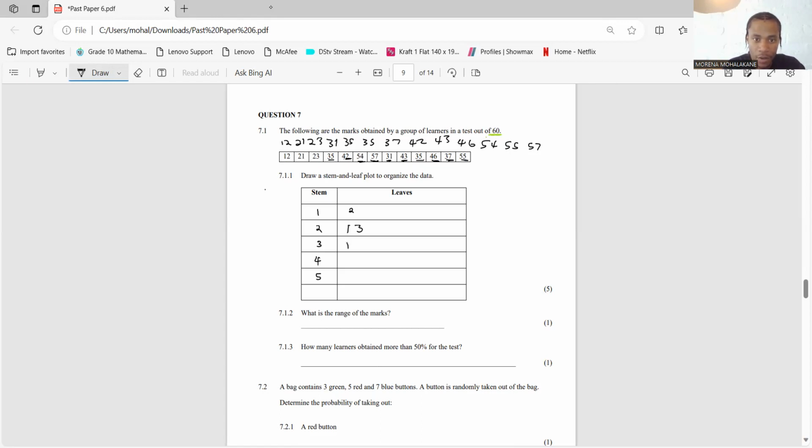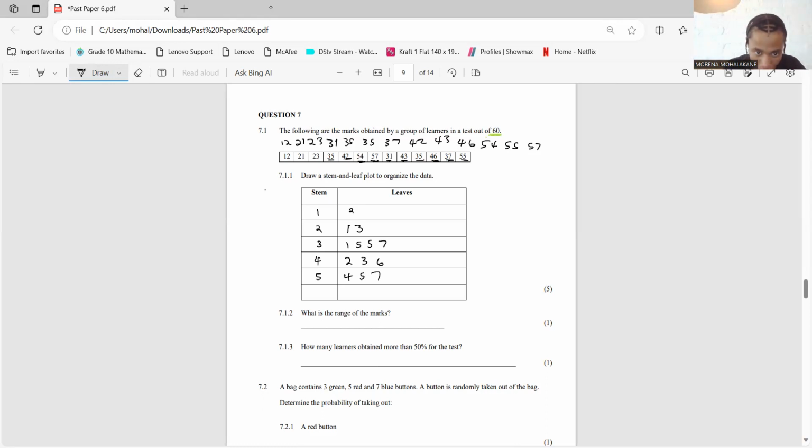Then for 30, you have 31, 35, 37. Then for 40, you have 42, 43, and 46. For 50, you have 4, 5, 7. Yeah, now everything is inside.